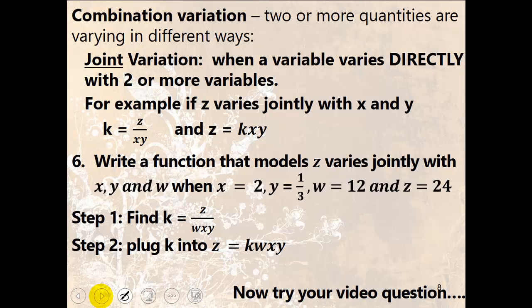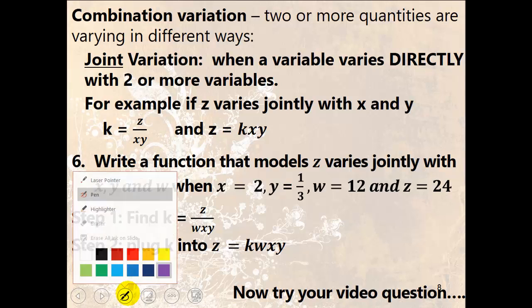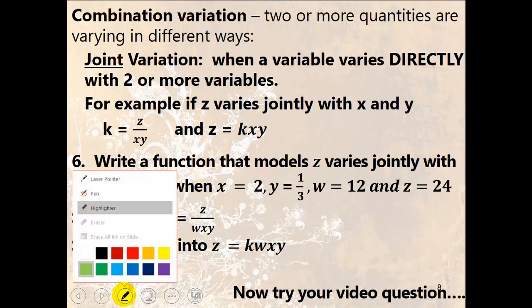Now we're going to talk about combination variation. There's a whole spectrum of combination. There's one particular combination variation that has its own special name, but combination variation is when you generally have two or more variables, but they're varying in different ways. So generally you have 3 variables.